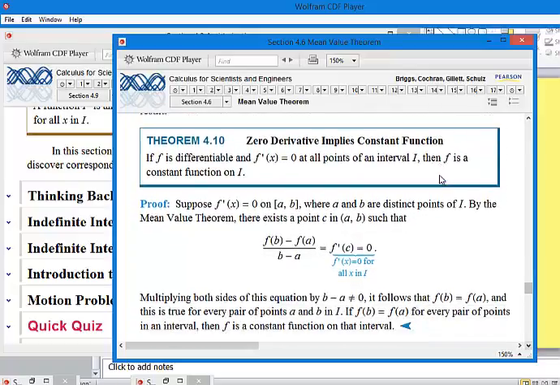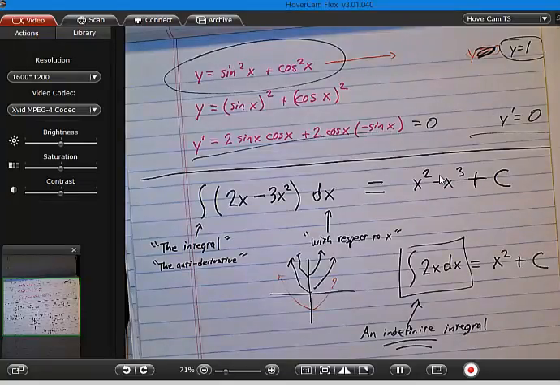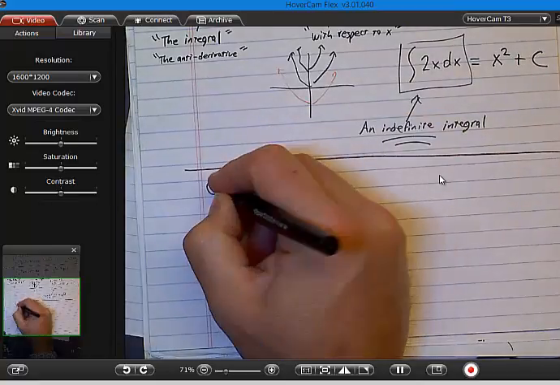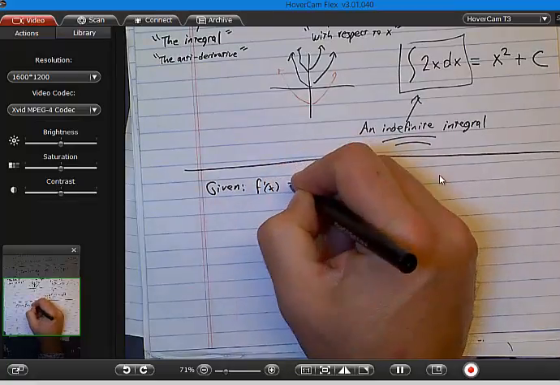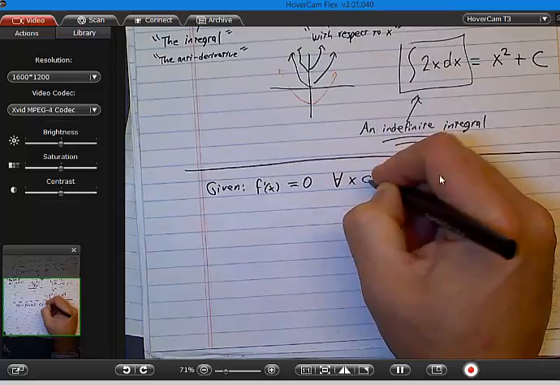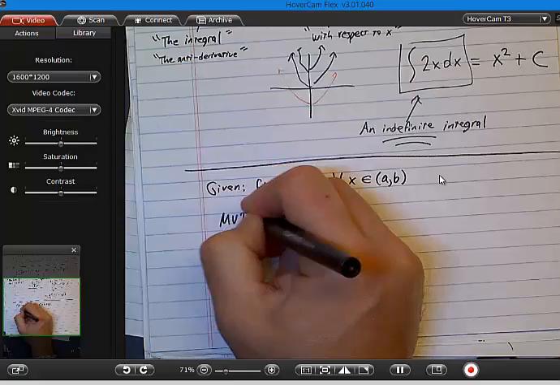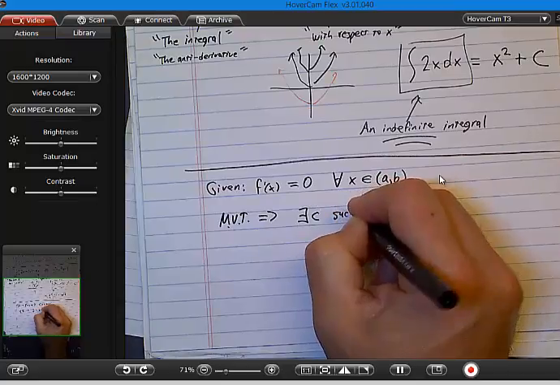then what does the mean value theorem tell me? Well, if the derivative is 0 on the whole interval, I have this equation, right? Let's show you how it works. So, we are given that f prime of x is equal to 0 for all x in the open interval a, b. Then the mean value theorem, MVT, tells me there exists a c such that what happens?